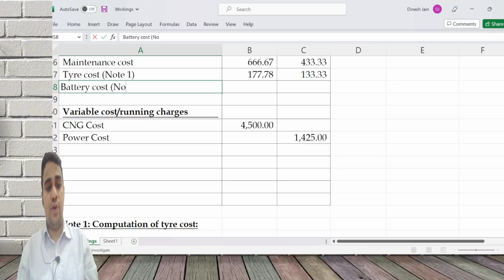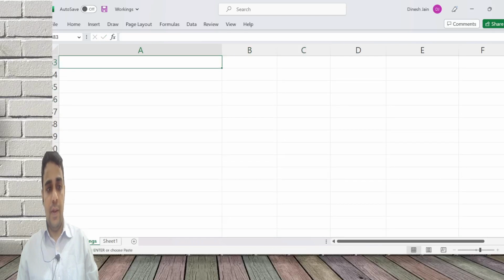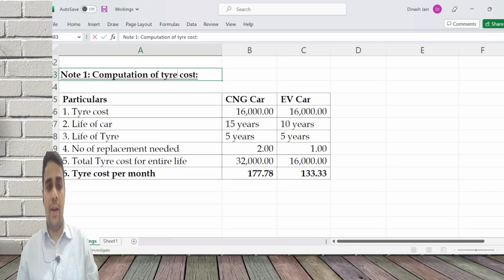Battery cost, note 2. Similar calculation we will do. Computation of battery cost.